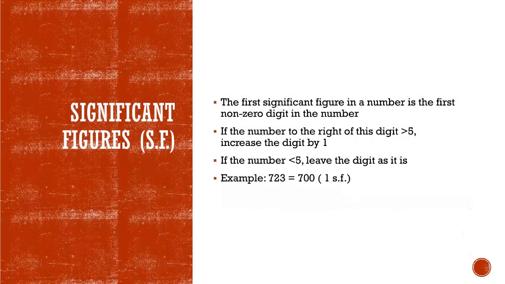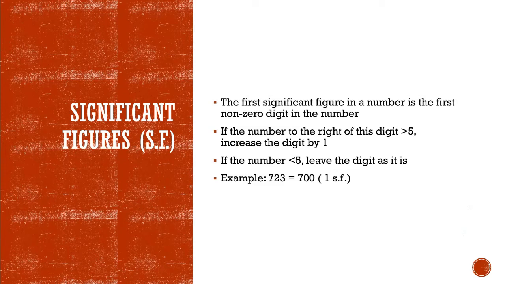About significant figures. The first significant figure in a number is the first non-zero digit in the number. If the number to the right of this digit is 5 or larger, then increase the digit by 1. But if the number has a lower value than 5, please leave the digit as it is.